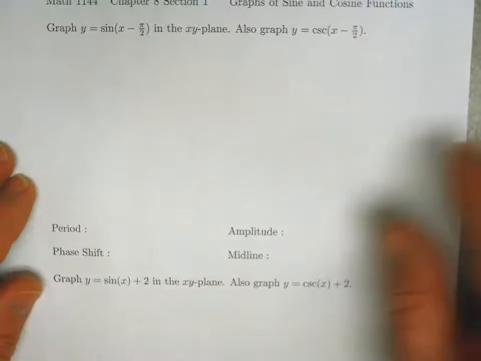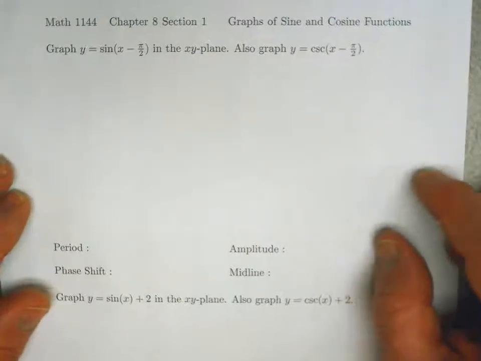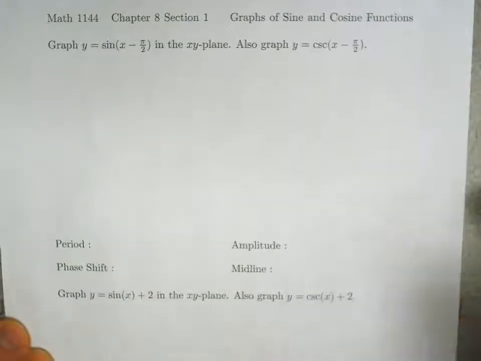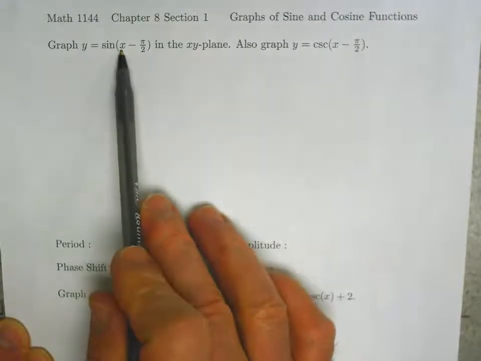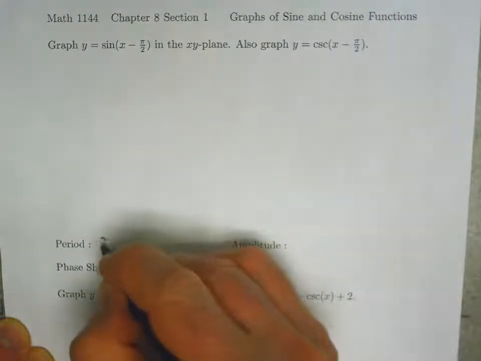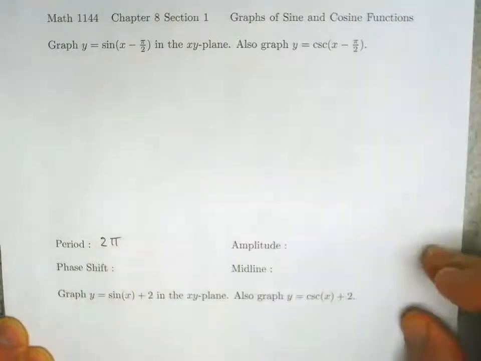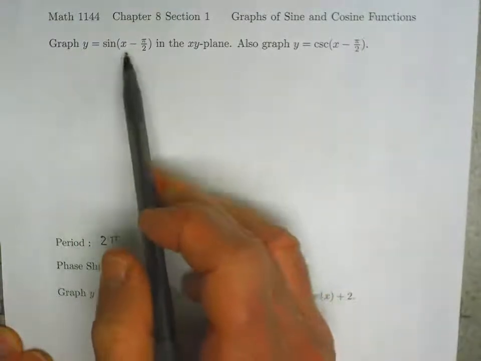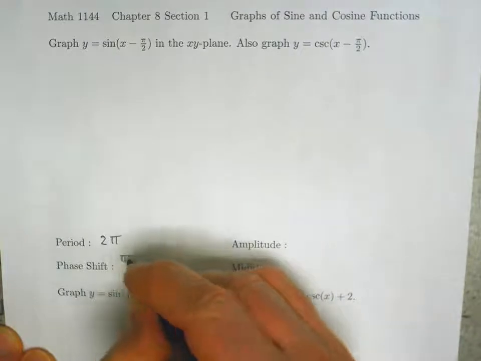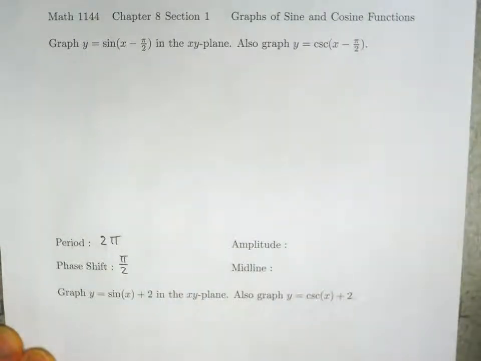Yeah, this one, graph y equals sine of x minus pi over 2. The coefficient of x is 1. 2 pi divided by 1 is 2 pi, so the period is 2 pi. And this time we do get a phase shift, which is pi over 2.